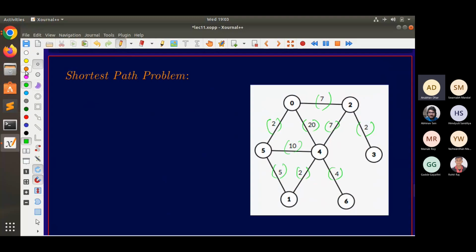In a physical setting, these may correspond to cities and the road distances between them, or maybe the toll tax that you need to pay to traverse from one city to another using this road. So for now, let's assume that these weights are non-negative.